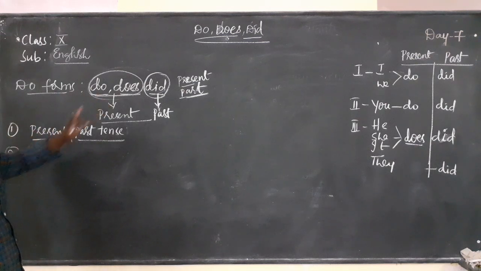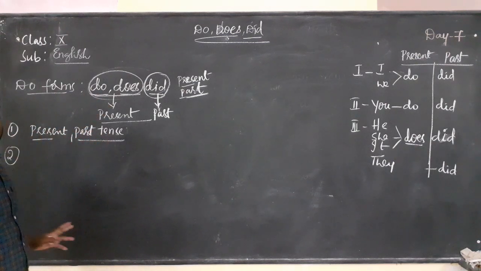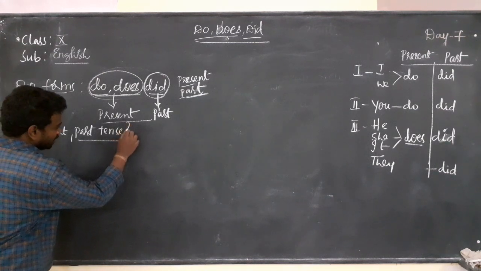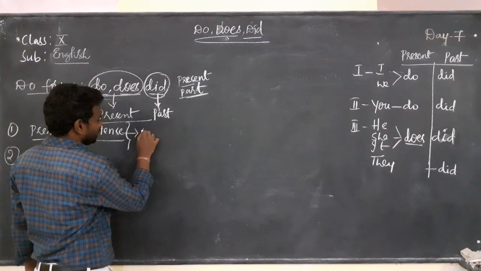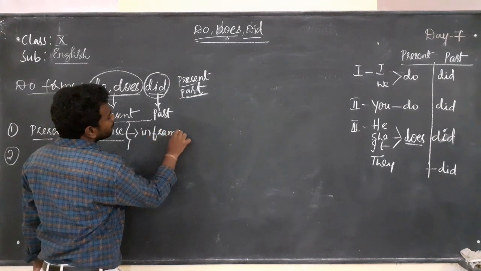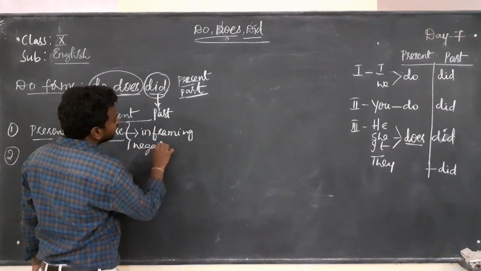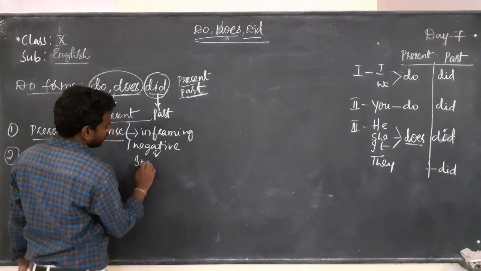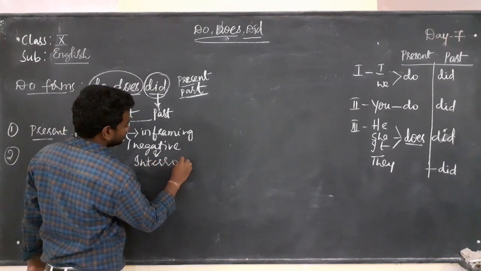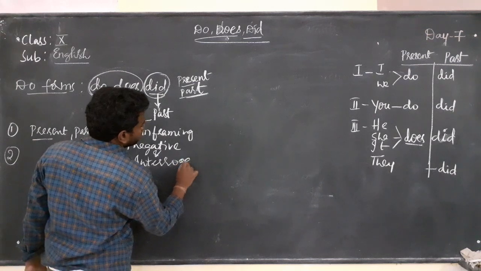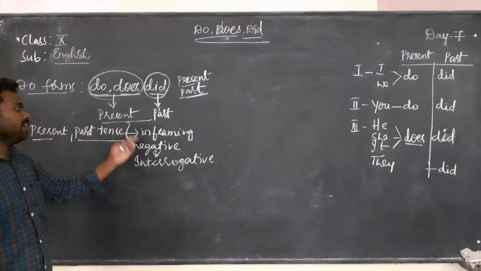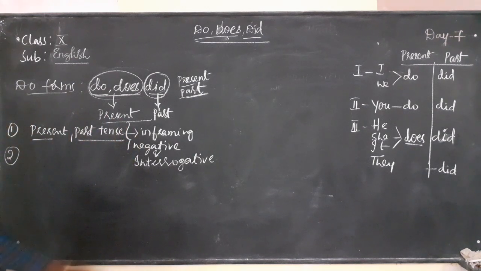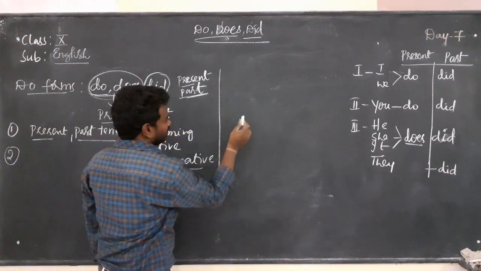We use do, does, did in present tense and past tense, especially in framing negative and interrogative sentences.